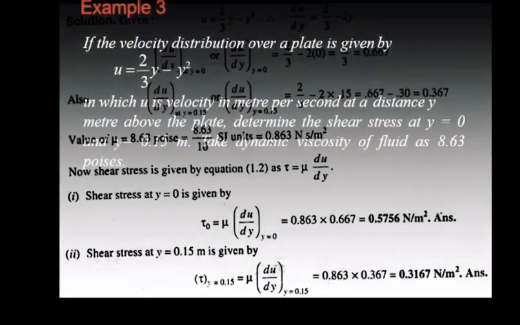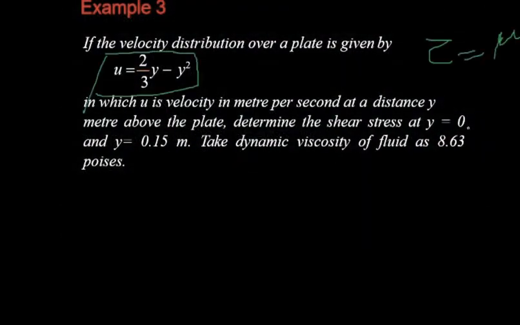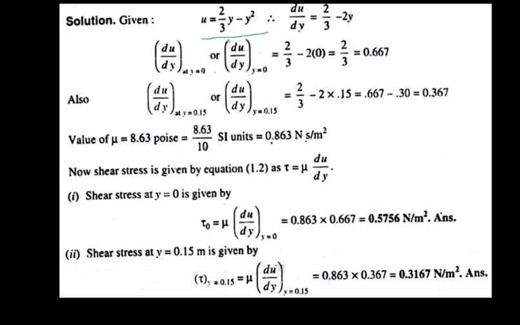So they have asked us to find at y is equal to 0 and at y is equal to 0.15. So according to the problem, du by dy at y is equal to 0 and du by dy at y is equal to 0.15. Now take this equation, wherever y is there, you put 0. So 2 by 3 minus 2 into 0, we'll get the answer 0.667.